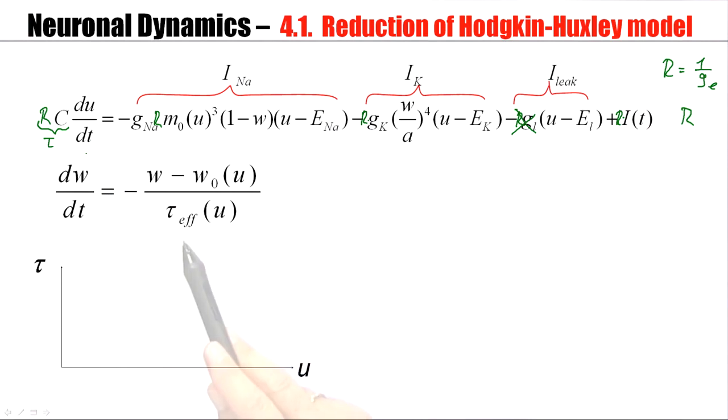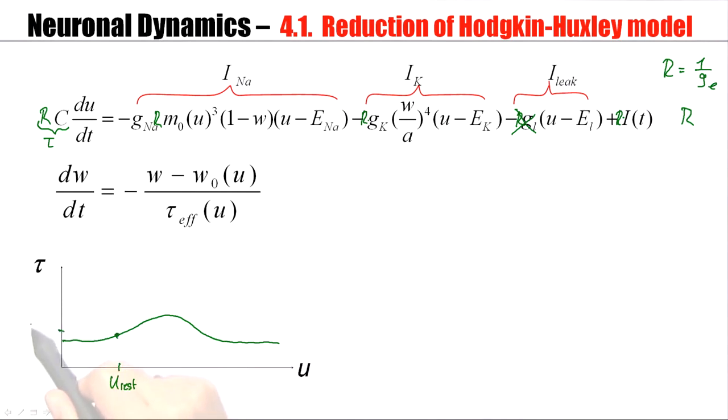Let me do something similar for the W equation. I have here some effective time constant, say it looks like this, just a guess. Say here's my resting value, U rest. This turns out to be a typical value.